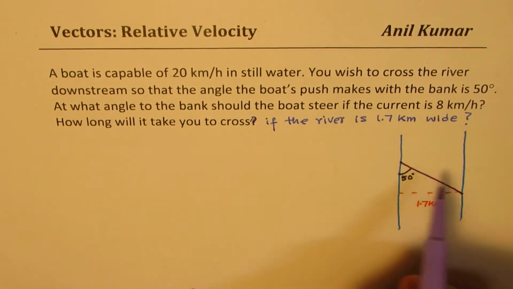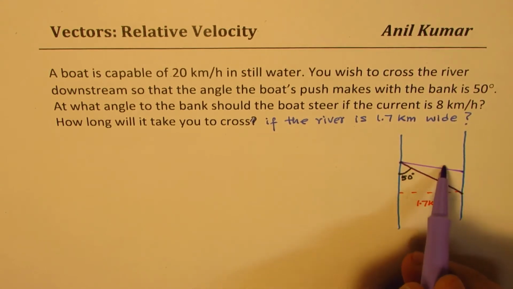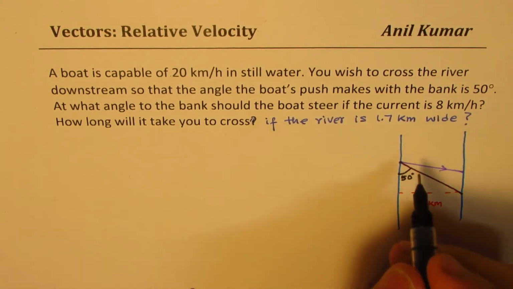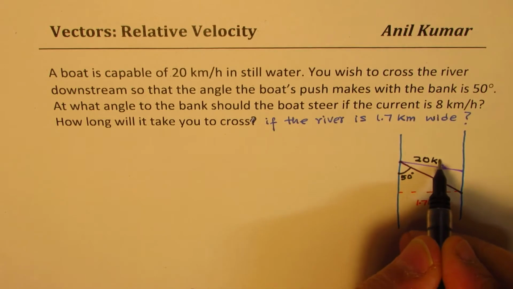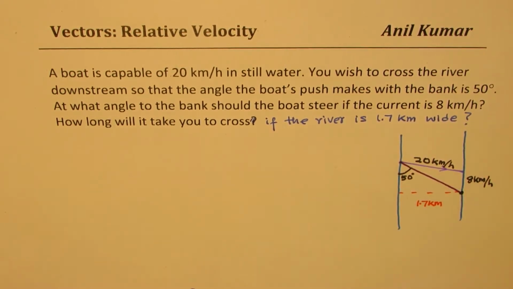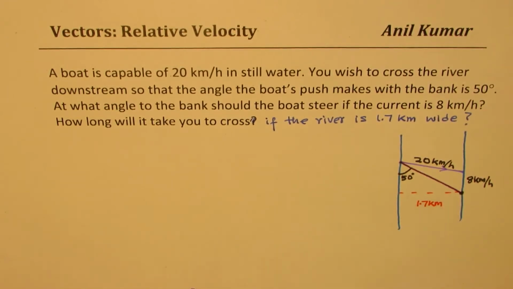So let's say you head in this particular direction with the velocity of 20 kilometers per hour, but the river pushes you with 8 kilometers per hour downstream so that you reach the point. That is the kind of velocity diagram you can have. We have also introduced the position here, since we need to find how long it will take to cross the river. So we added this at the end.